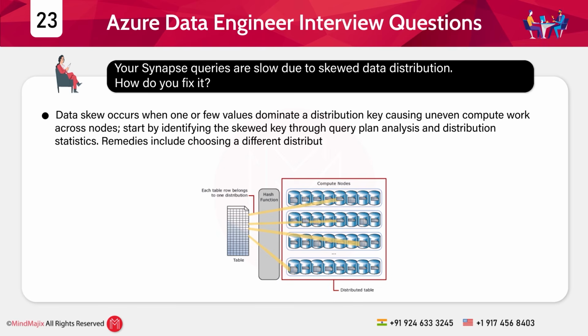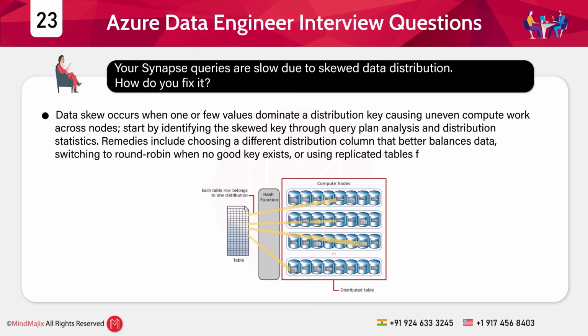Over here, the remedies can include choosing a different distribution column that better balances the data, switching to round robin when no good key exists, or using replicated tables for small dimension tables that are frequently joined. Apart from that, you can also apply salting, which is nothing but appending a synthetic salt value to the distribution key to spread hot partitions, and then adjust joins accordingly.